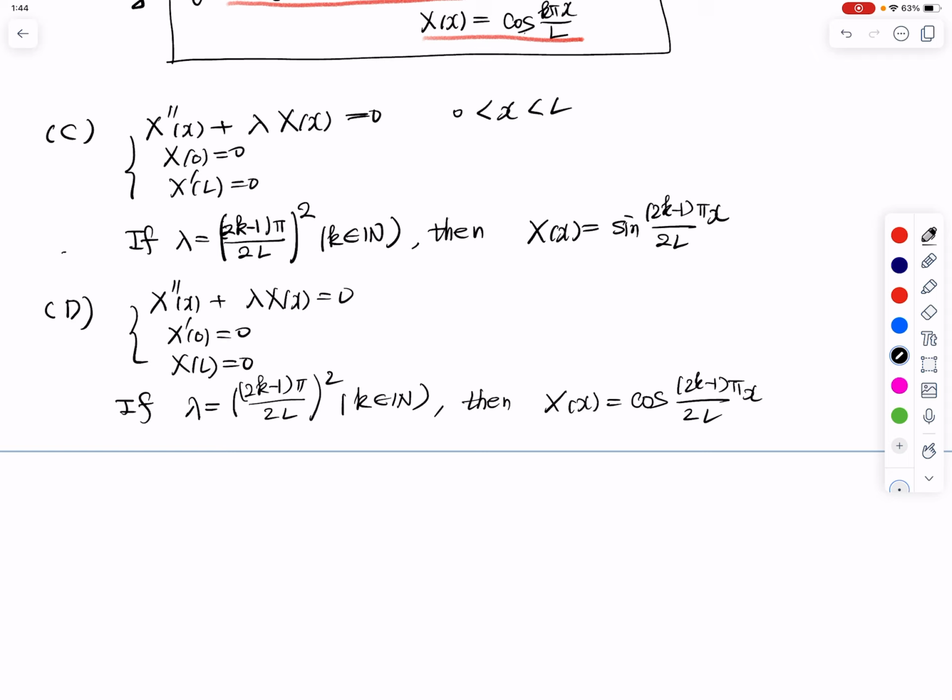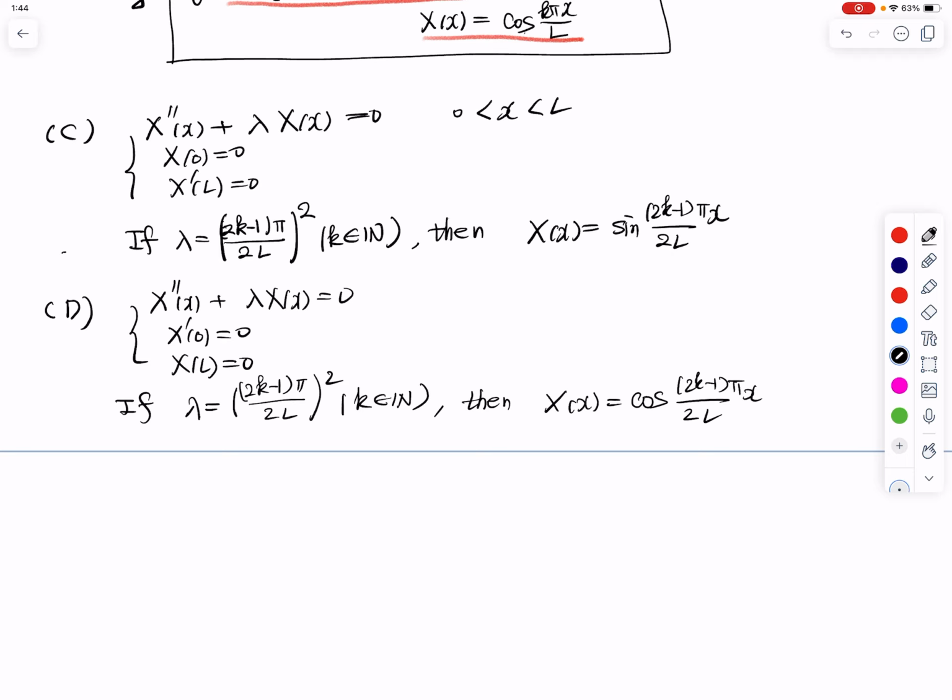Because you put X(L), you plug in L, the cosine value becomes 1, the derivative becomes sine, this should be 0. So again, k is an integer.